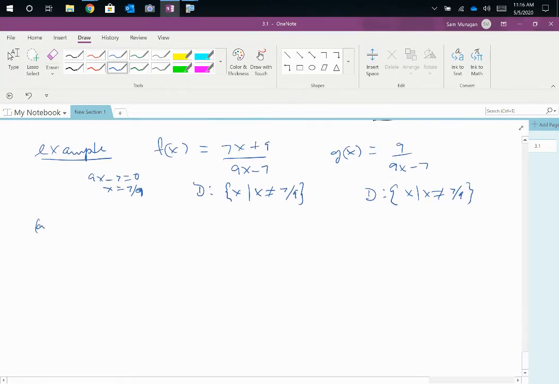So part A, f plus g is 7x plus 9 over 9x minus 7 plus 9 over 9x minus 7. Since the denominators are the same, we would just combine the numerators and keep the same denominator.